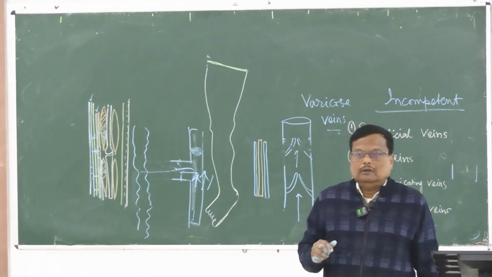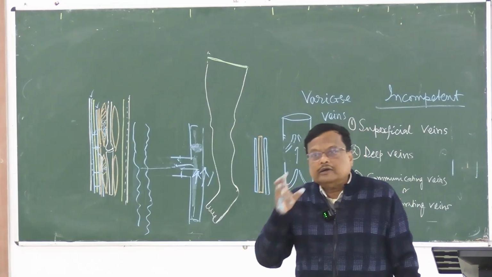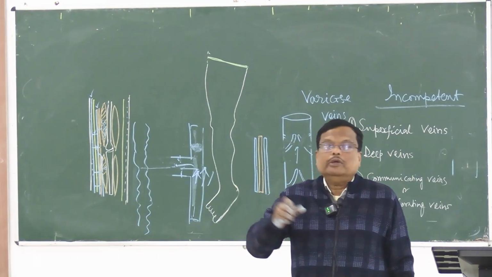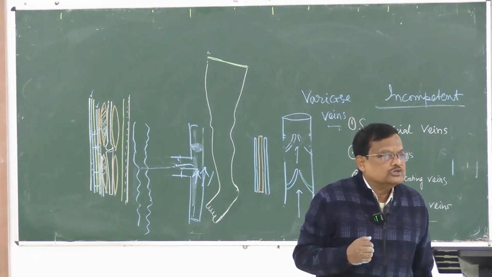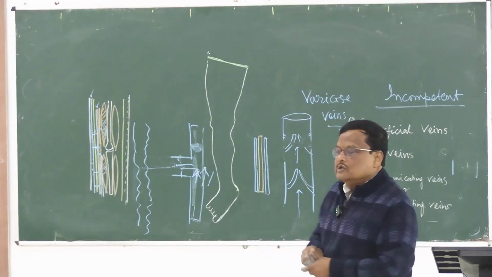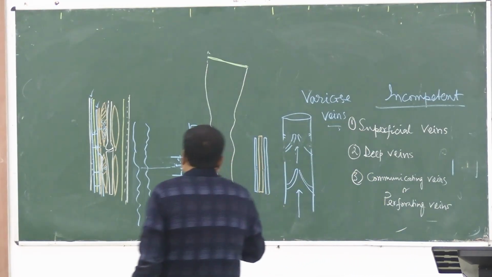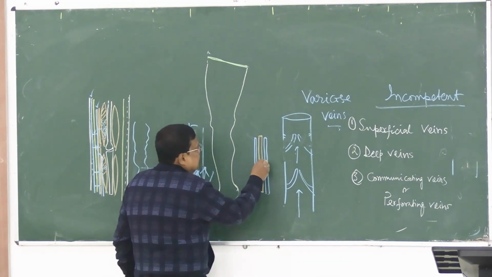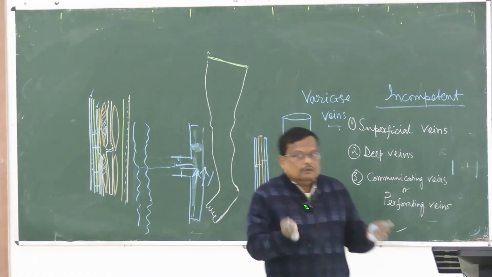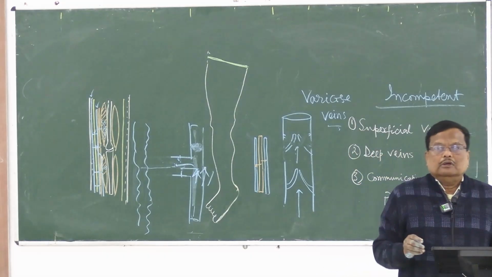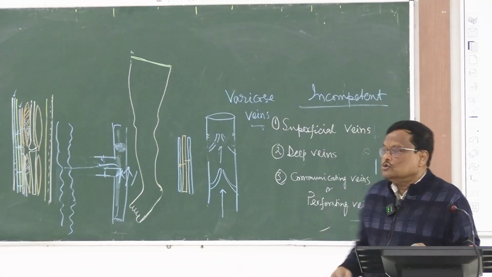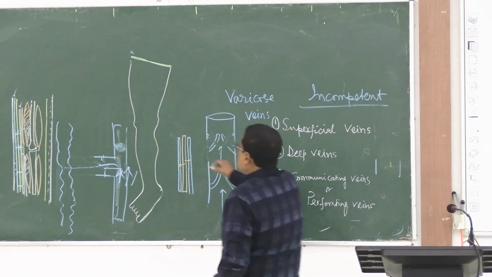Number one. Number two, the artery has pulsation, so it develops some kinetic energy. The artery has some energy in its wall, some kinetic force. This arterial pulsation energy is transmitted to the side by side veins, the veins present one on either side. And the veins utilize this energy so that the blood can go.